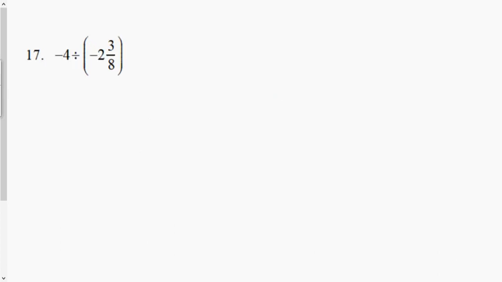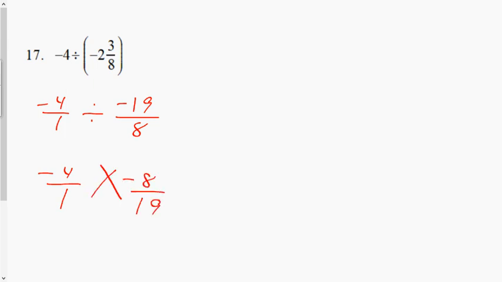Number 17 is division. And when we have division, we always said it's easier to multiply by the reciprocal. So I'm going to keep the first fraction, and I'm going to change this fraction to improper. So that's going to be 16/19, or negative 19 over 8. And we said that when you divide, it's easier to multiply by the reciprocal. So keep the first fraction, change the division to multiplication, and use the reciprocal of the second.